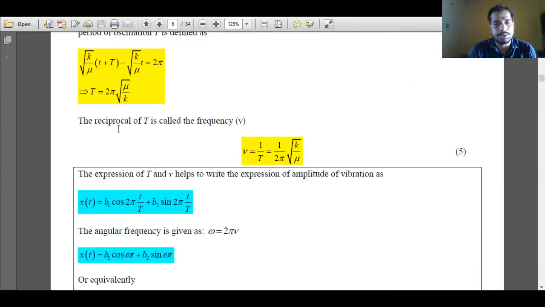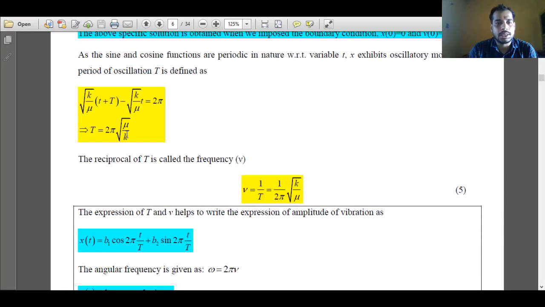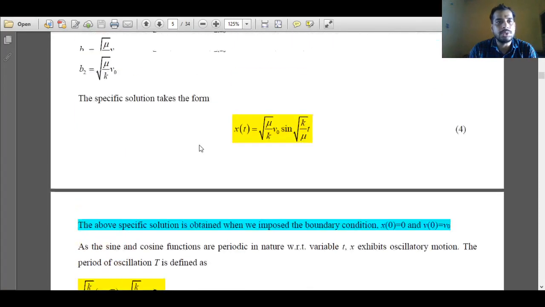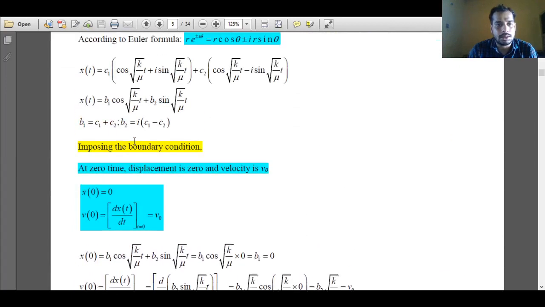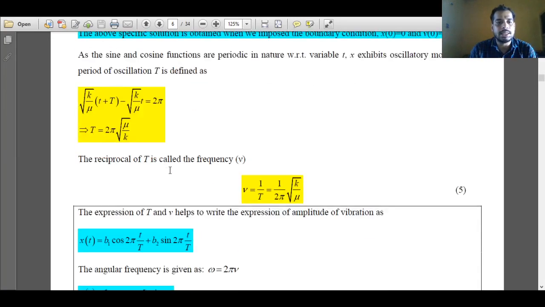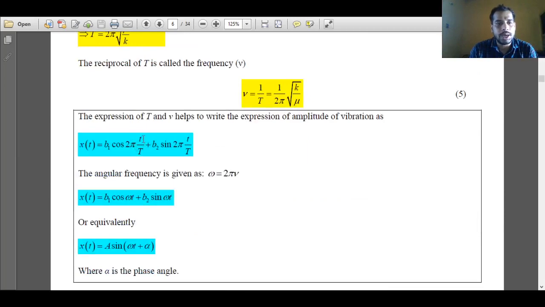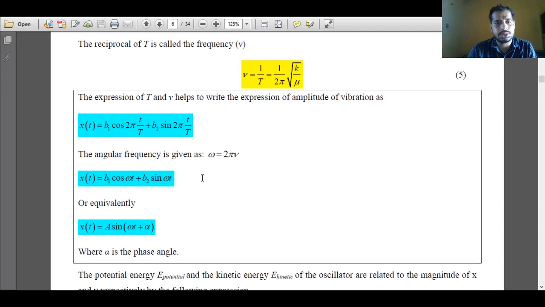This root over k over mu t can be written as 2 pi t over T. Root over of k over mu is equal to 2 pi over T, and similarly for the sine function, 2 pi over T is used.